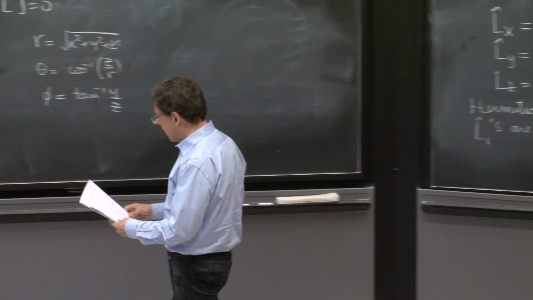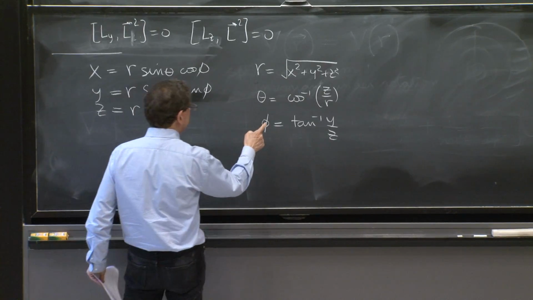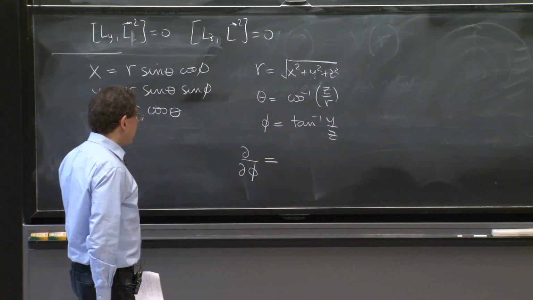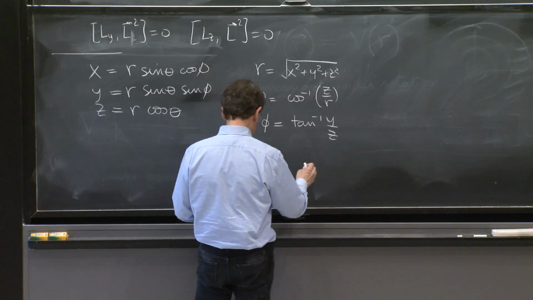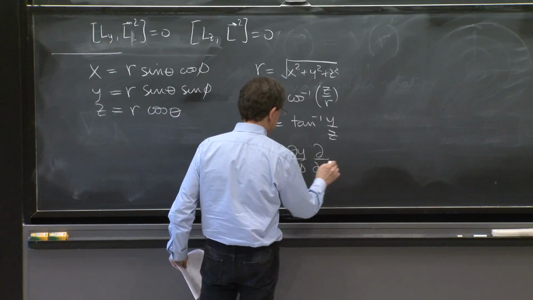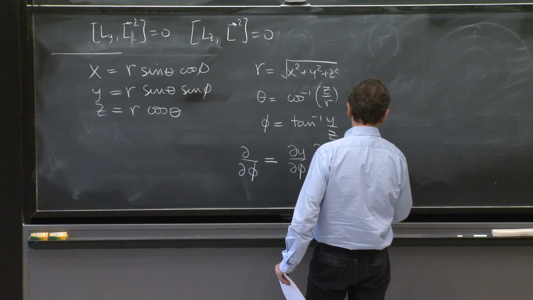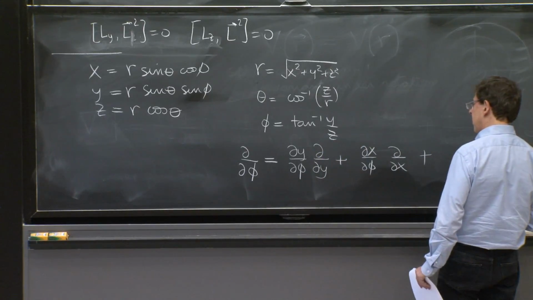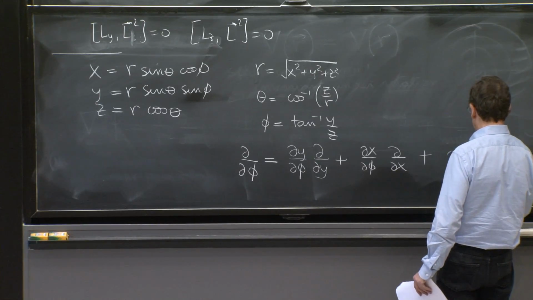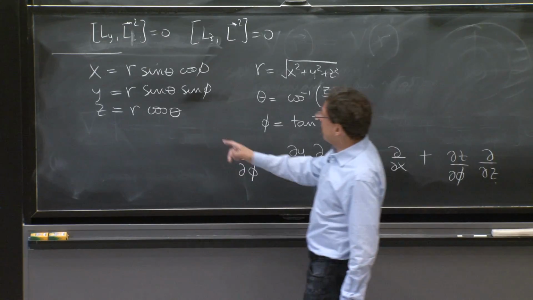So maybe we can have some luck and understand what is the d/dphi operator. Well, the d/dphi operator is d/dy dy/dphi plus d/dx dx/dphi, rules of chain rule for partial derivatives, plus d/dz dz/dphi. But z doesn't depend on phi.